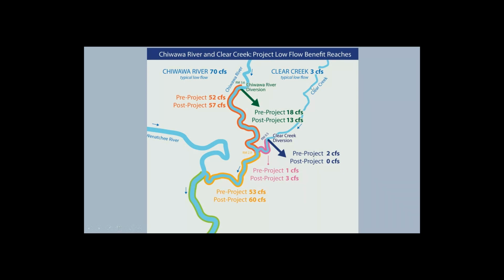The Clear Creek low flow we picked was 3 CFS, based on data collection from last year and this year. If they're diverting 2 CFS, that leaves 1 CFS in Clear Creek. Post project, we're going to buy that 2 CFS, so there's going to be 3 CFS coming out of Clear Creek. You have 57 CFS after the project coming down, for a total of 60 CFS.